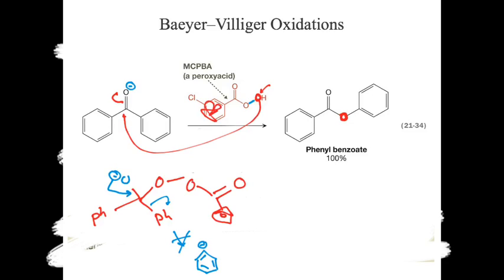So if we look elsewhere within this structure, do we see anything that could stabilize a negative charge? And yes, that's a hard question. In the benzene ring? Okay, we've got another benzene ring. Could that stabilize a negative charge?